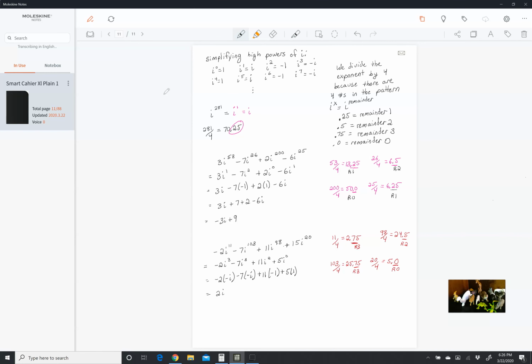Negative 7 times negative i becomes positive 7i. Then we have negative 11 plus 5. Combine like terms, so put your reals first. Negative 11 plus 5 is negative 6. And then 2i plus 7i is plus 9i. And that's it. And that's complex numbers.